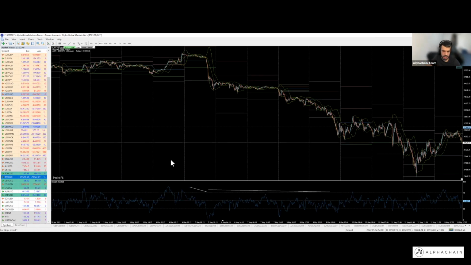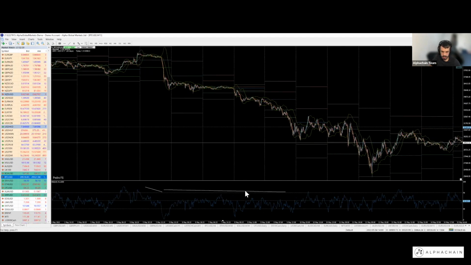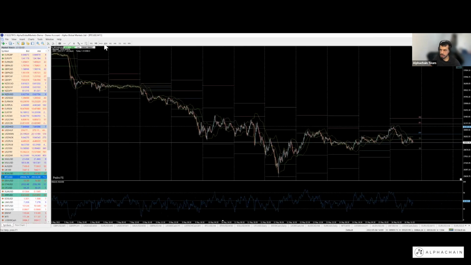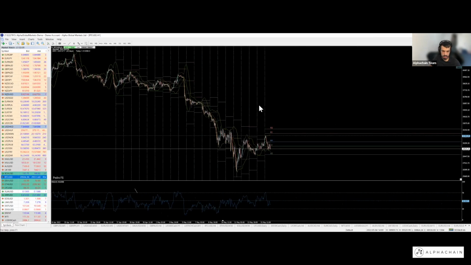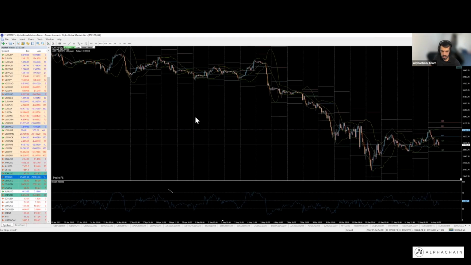Are you guys getting any ideas of maybe how to use this? Bitcoin, let's see on the 1 hour time frame, if this also works on Bitcoin.